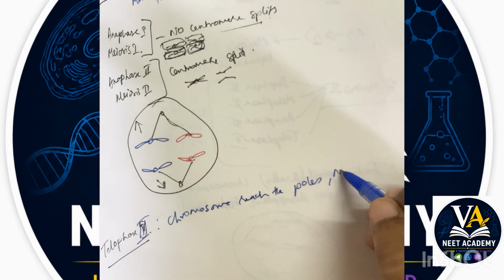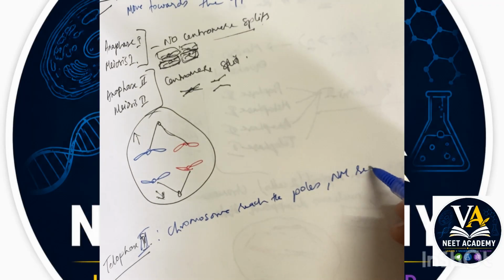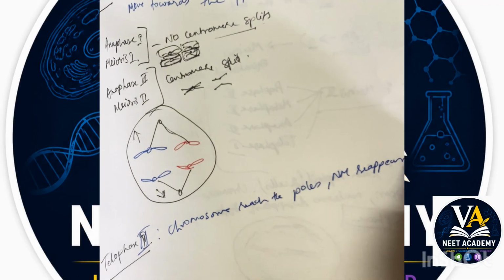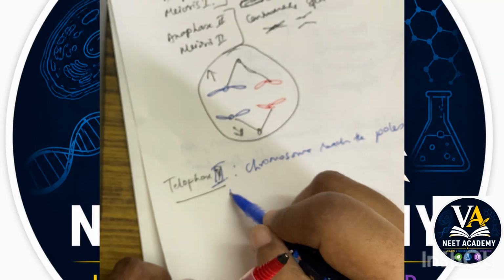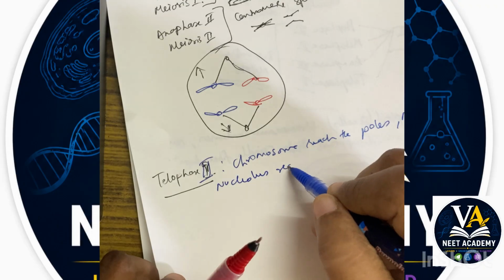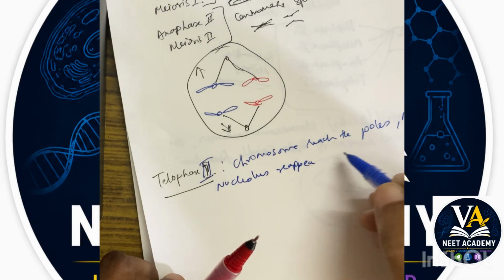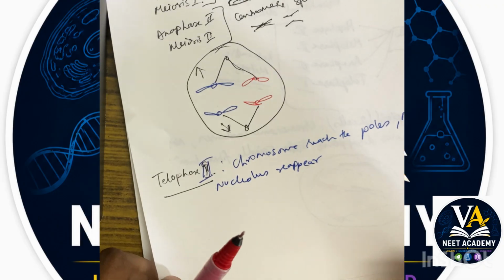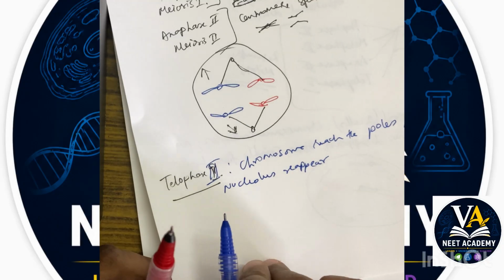The nuclear membrane reappears. What else has to reappear? The nucleolus has to reappear, isn't it?